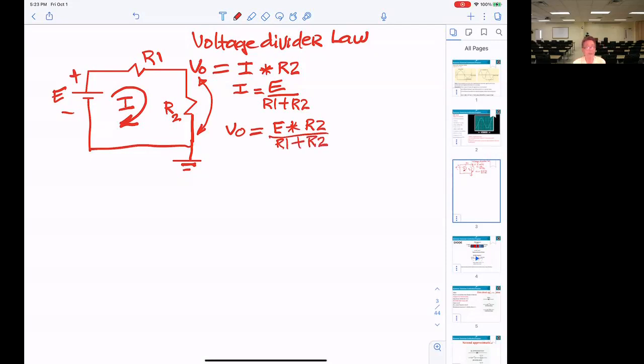That's what we call voltage divider law. You don't have to calculate the current. Okay?